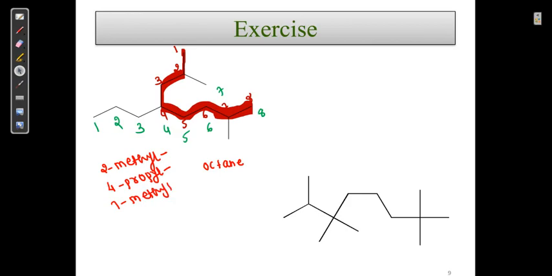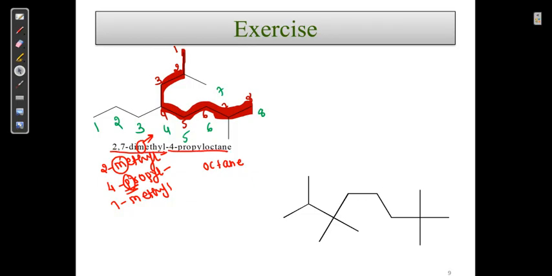So these are M, this is P. We have to keep this first. 4-propyl, and M is first in case of alphabet. So 2,7-dimethyl and 4-propyl octane.